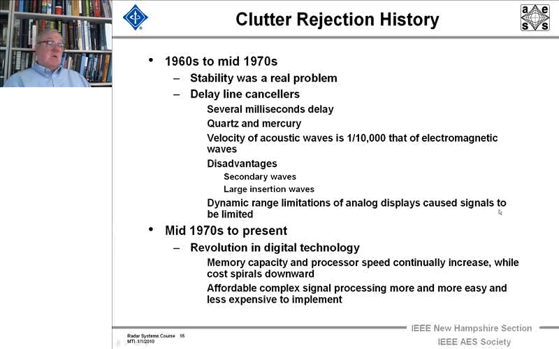That is to say, when you were near a very large piece of clutter, the dynamic range of your display was only 20 dB, and if you had a target bigger than that, you could see the big target by turning your gain up, but you couldn't see the small targets at the same time. So the analog displays were another limiting factor.